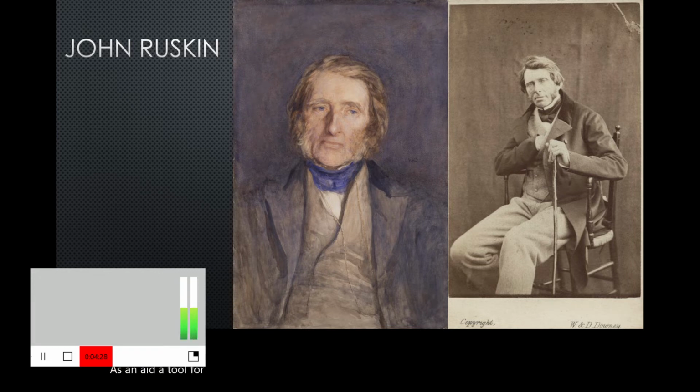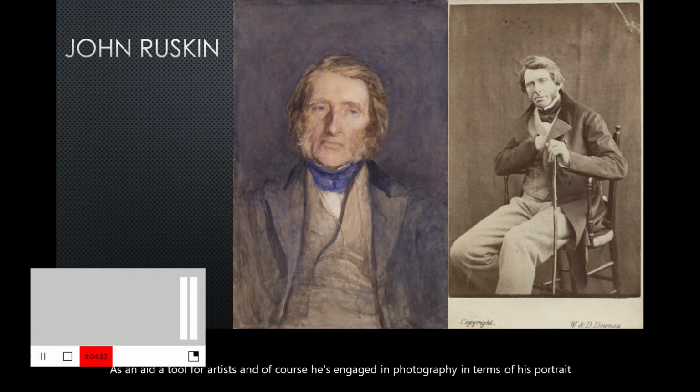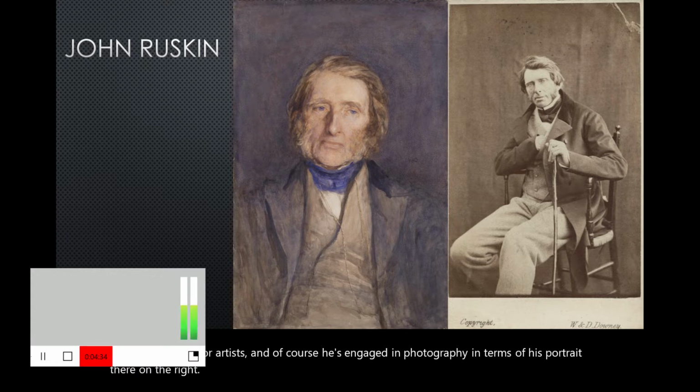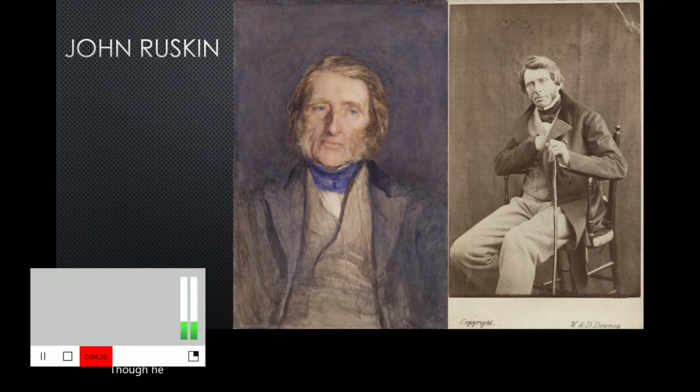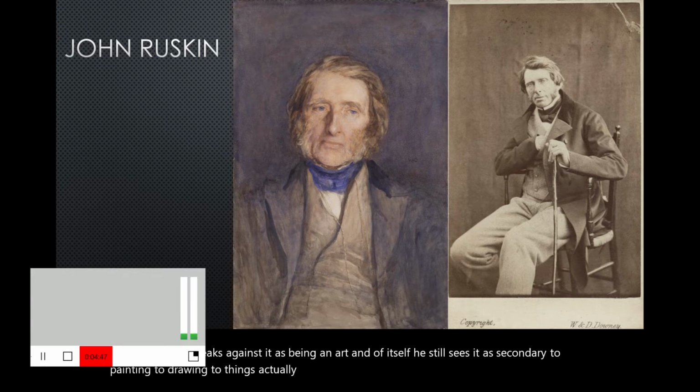And of course he's engaged in photography in terms of his portrait there on the right. Though he also speaks against it as being an art in and of itself. He still sees it as secondary to painting, to drawing, to things actually done with the hand. And that involves a very particular, more philosophical movement that he is part of.